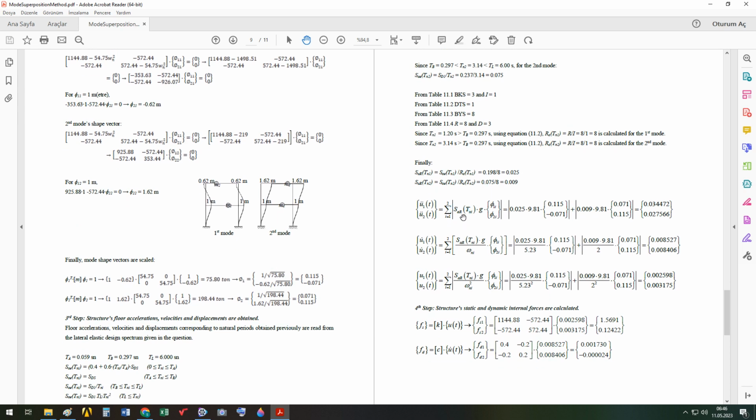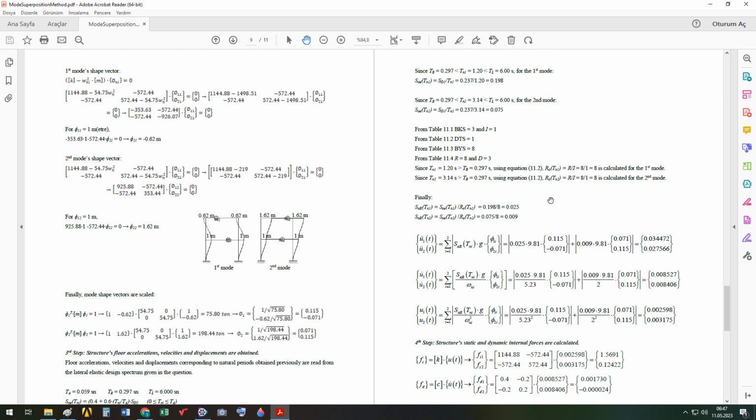I replace these values into the equations. Here I open up this term. Since my structure is 2 degrees of freedom, there are two terms here. This is the first floor's reduced acceleration, which is 0.025.